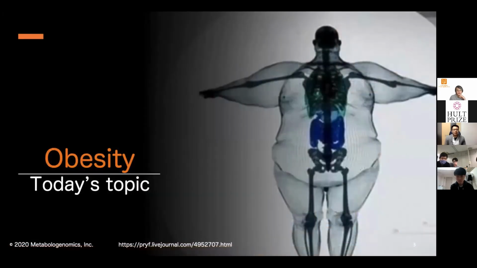So the topic which I would like to introduce to you is obesity. Maybe obesity is now a very familiar health issue for all of you. You will see one or two people who are quite fat when you go out shopping. But even though it is quite familiar now, obesity has become a serious global threat from various perspectives.